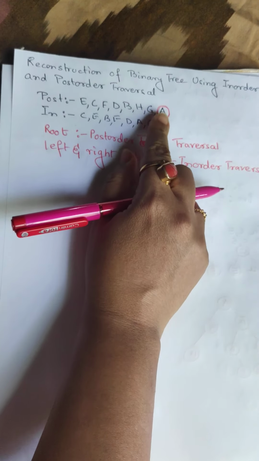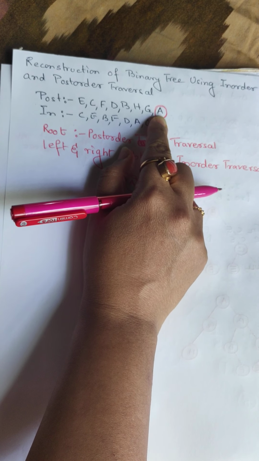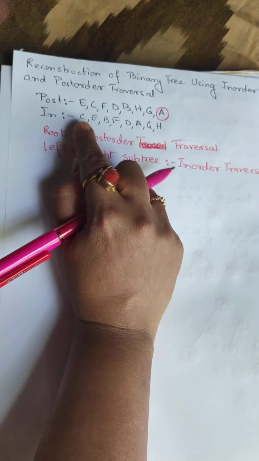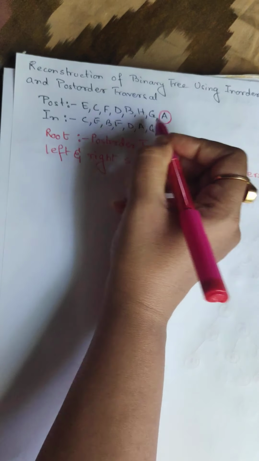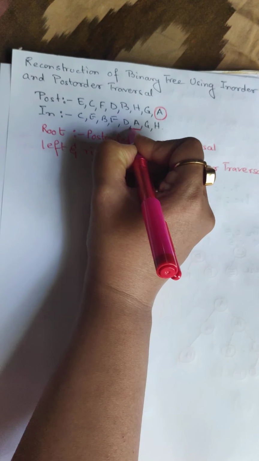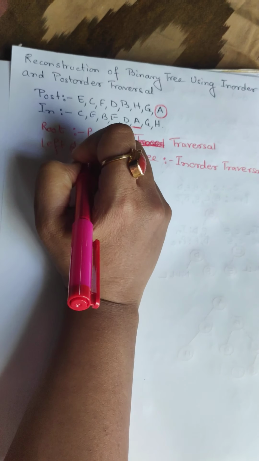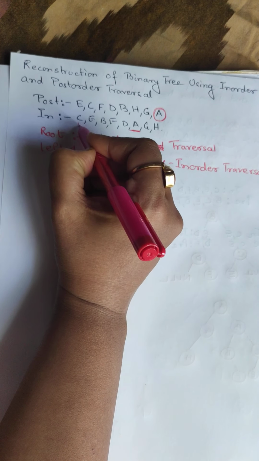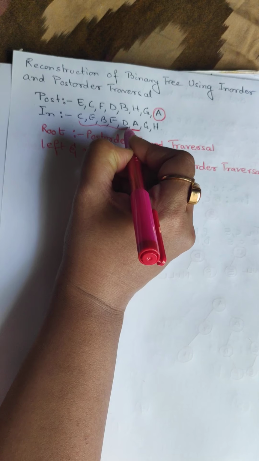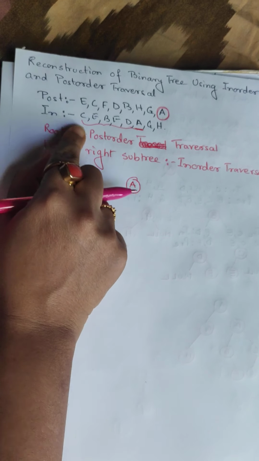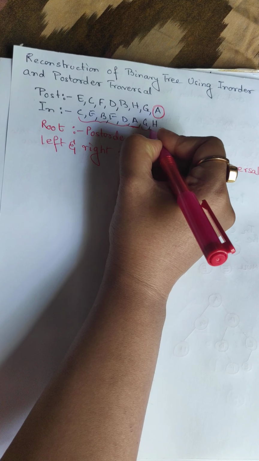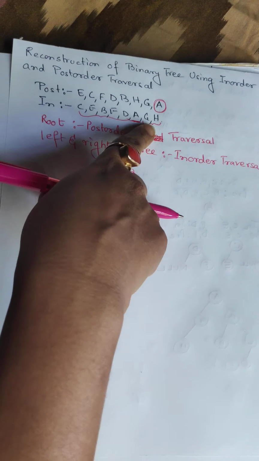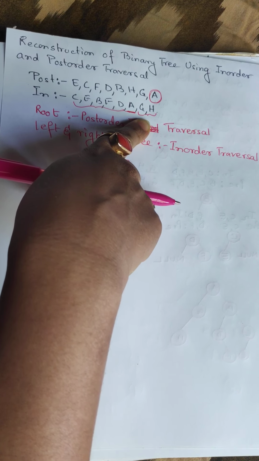Now again, once you have got the root node, you are going to search out the root node in the InOrder traversal. Anything that appears on the left hand side of the root node is the left subtree and anything that appears on the right hand side of the root node is the right subtree of your binary tree.